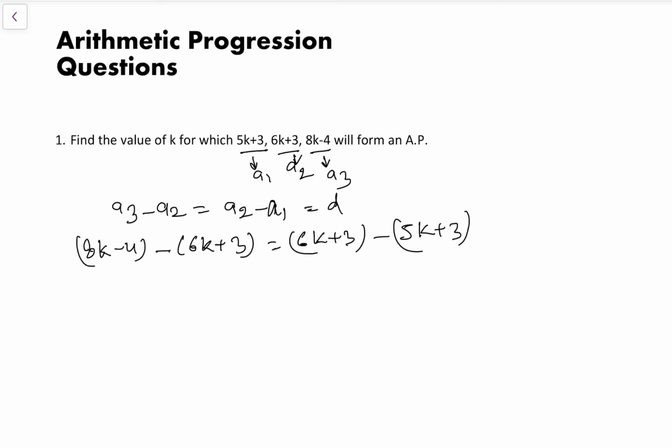So we can write here 8k minus 6k is 2k, minus 4 minus 3 is minus 7, 6k minus 5k is k, and 3 minus 3 will become 0. So if we take it here, it will become k is equal to 7.